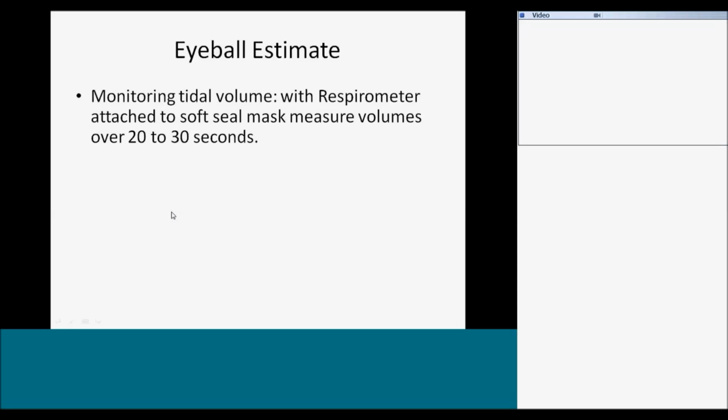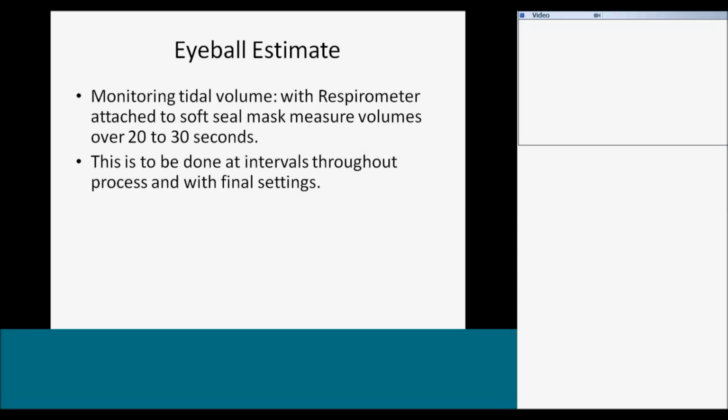Then I take that eyeballed average and multiply it times the respiratory rate, and that gives me a ballpark minute volume. I do that anytime that I make adjustments to rate or the span or the pressure differential on the machine to make sure that I'm still getting the right tidal volume range for the patient.